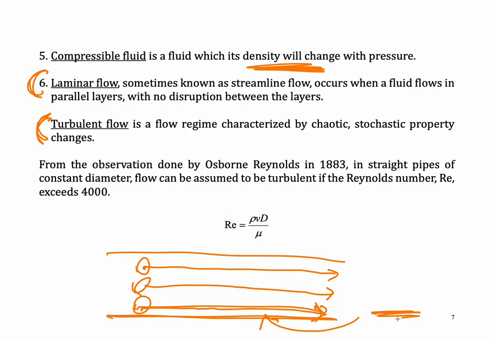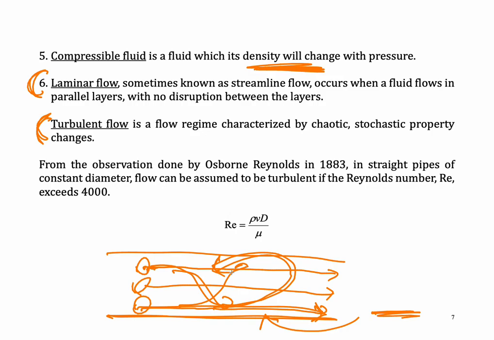However, turbulent means that there is chaos. Chaotic means that the streamline moves without any rules. It can cross each other, it can go down, it can go up, and sometimes it will flow in reverse direction. Flow in reverse direction like this is normally known as a vortex.